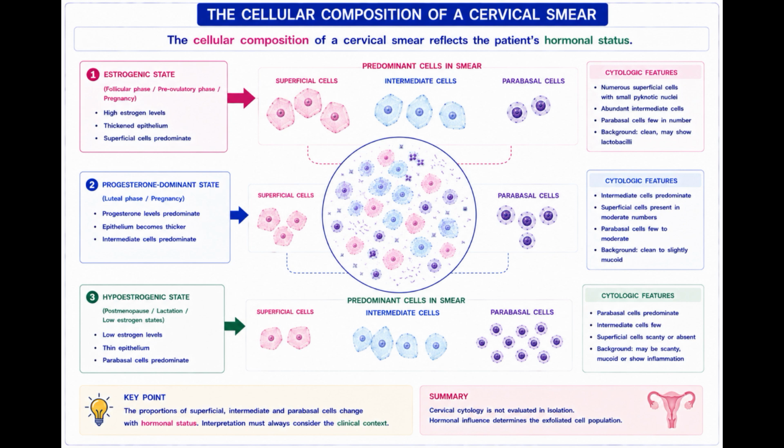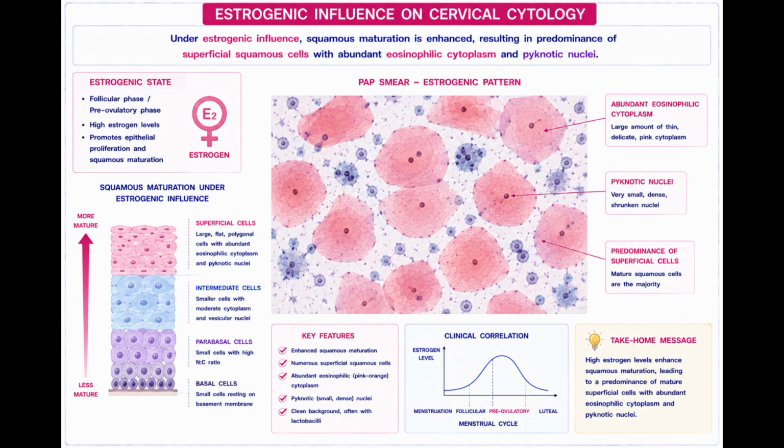Hormonal influence and preparation-related morphology. The cellular composition of a cervical smear reflects the patient's hormonal status. Under estrogenic influence, squamous maturation is enhanced, resulting in predominance of superficial squamous cells with abundant eosinophilic cytoplasm and pycnotic nuclei.